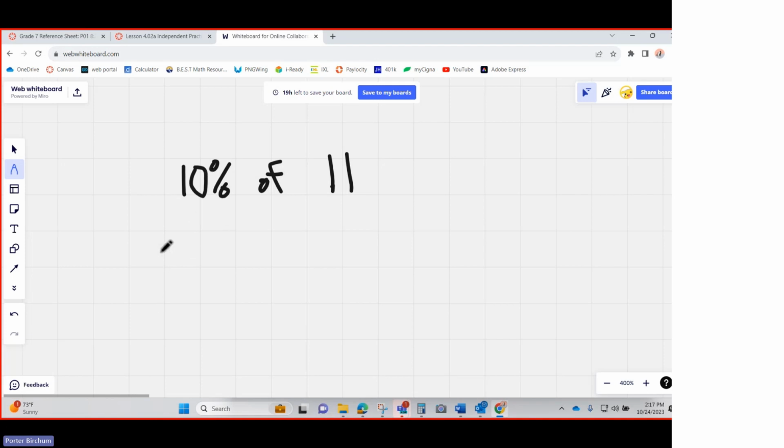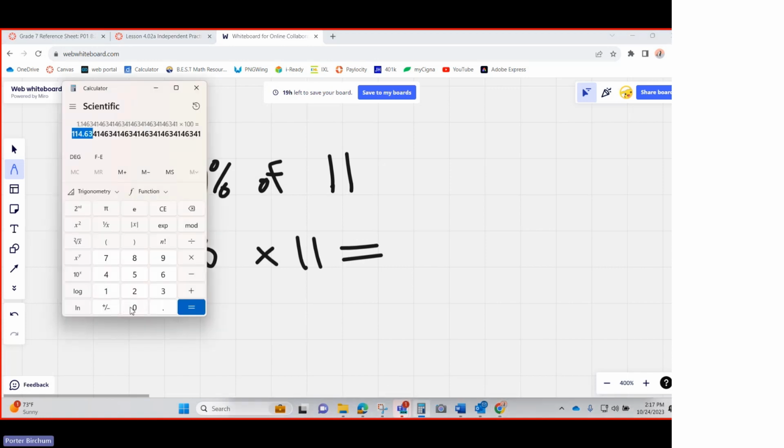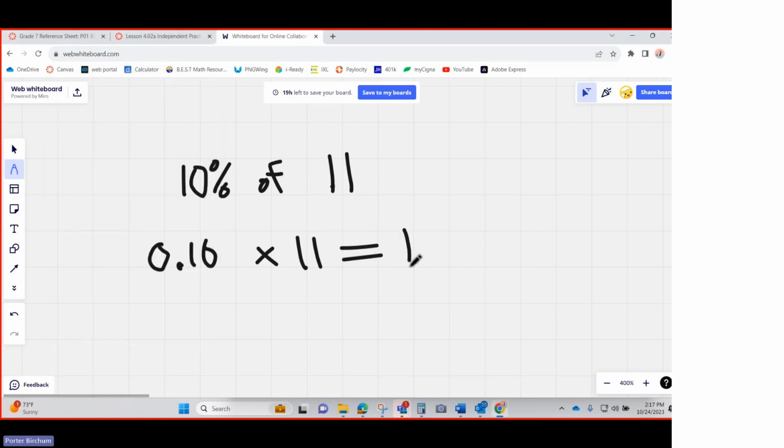This is the same as doing the decimal form of 10% times 11. Thank you, calculator. 0.10 times 11, 1.1. 10% of 11 is 1.1.